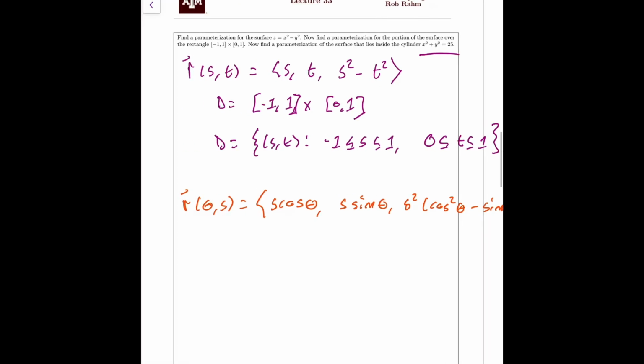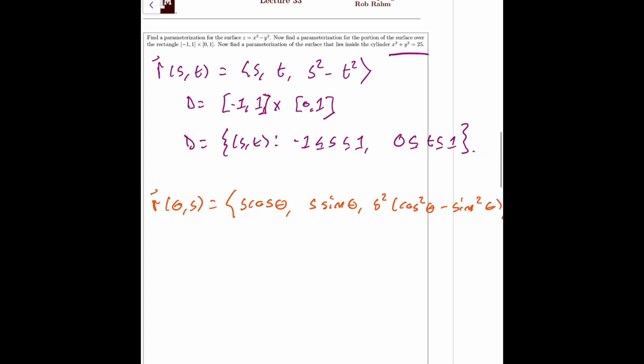Okay, and now we need to restrict the parameter domain. We want x and y to be inside the circle of radius 5 centered at the origin. That's what the thing about the cylinder says. We want the part of the surface that's inside the cylinder x squared plus y squared is equal to 25. That only involves the x and y parameters.